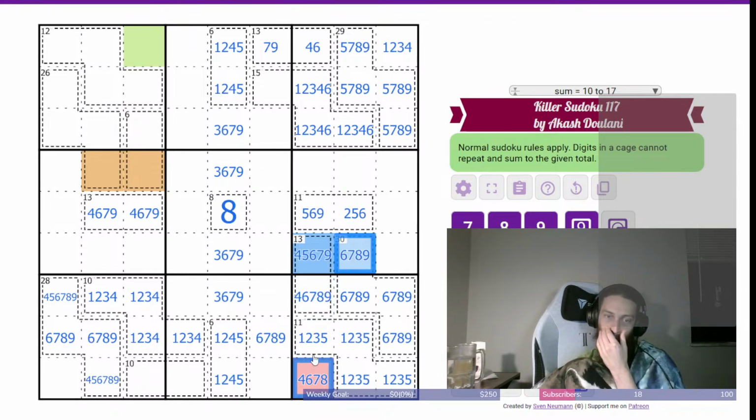These two are the same unless this is a 4. Because if this is not a 4, then this is a 4, and that would make that a 9. 4 and 9 is 13.